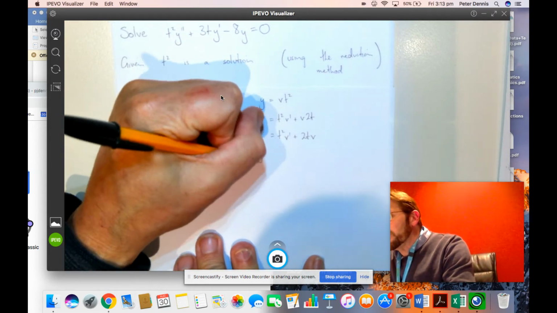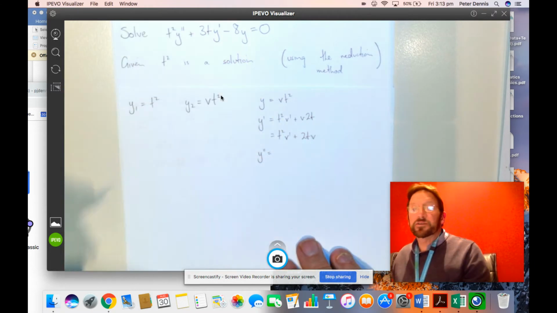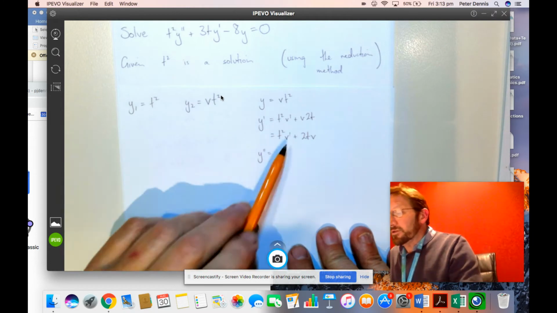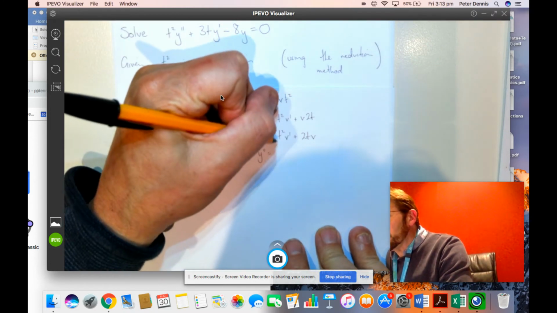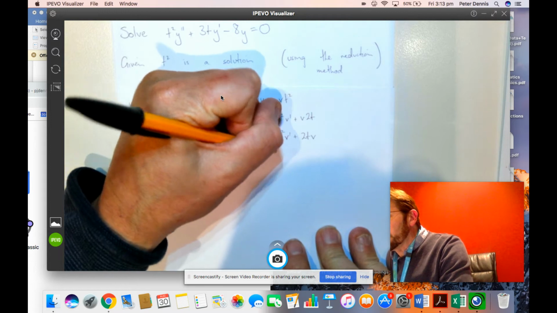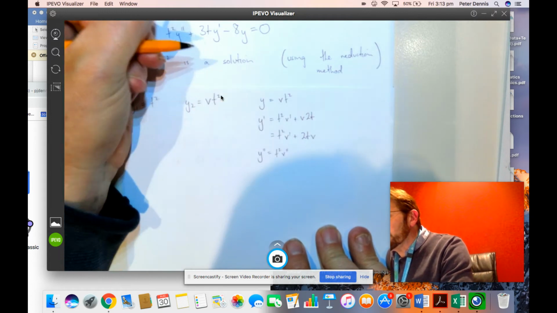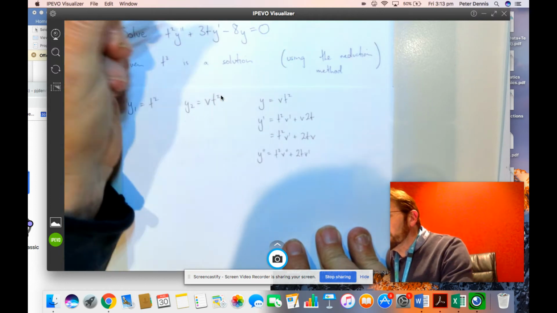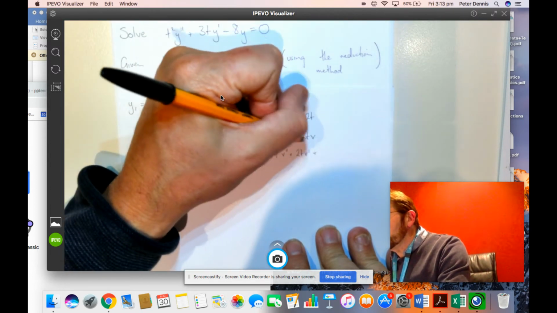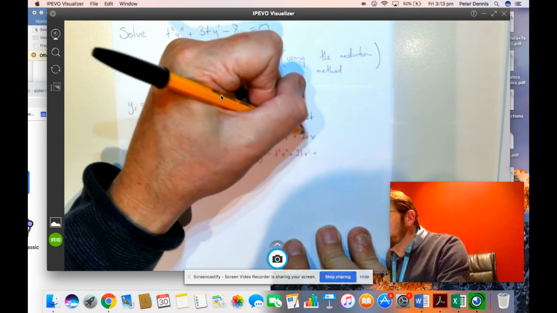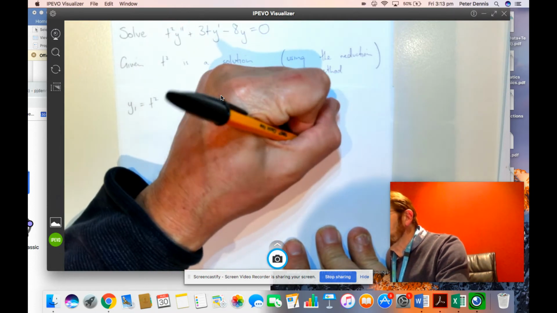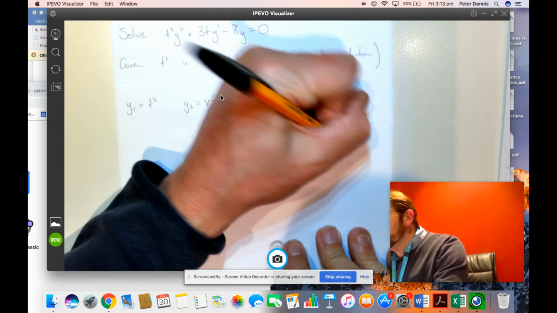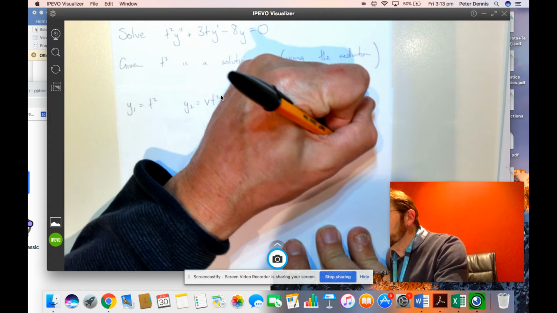We also need to find y double dash, the second derivative of this. Again, we've got a product rule and another product rule. So it's going to be t squared times the second derivative of v plus 2tv dash, plus this times the derivative of that, which is 2tv dash, plus the derivative of this, which is just 2v.